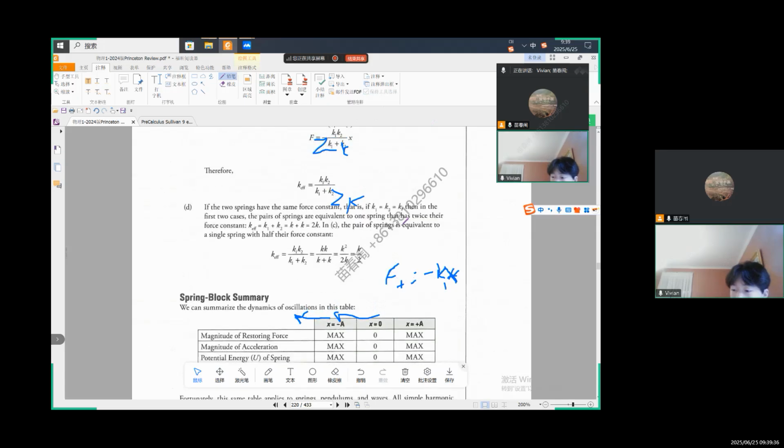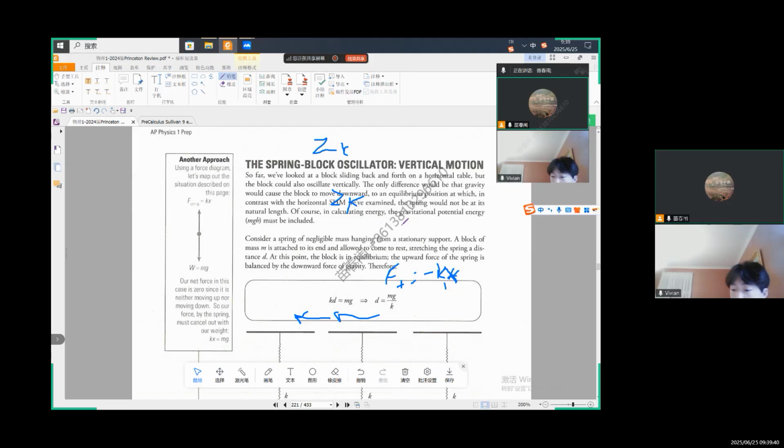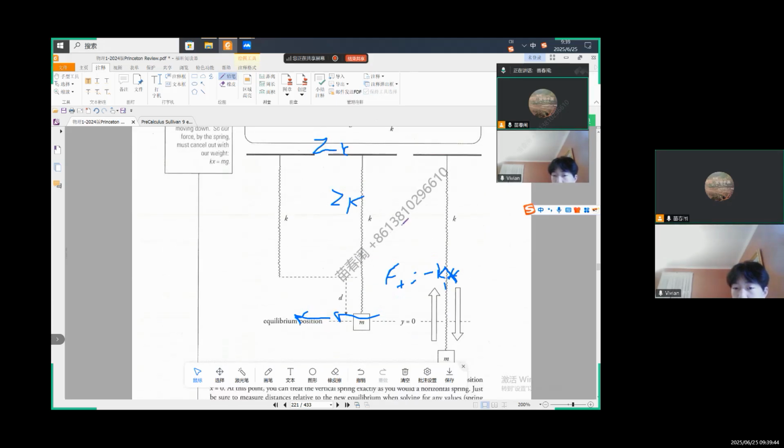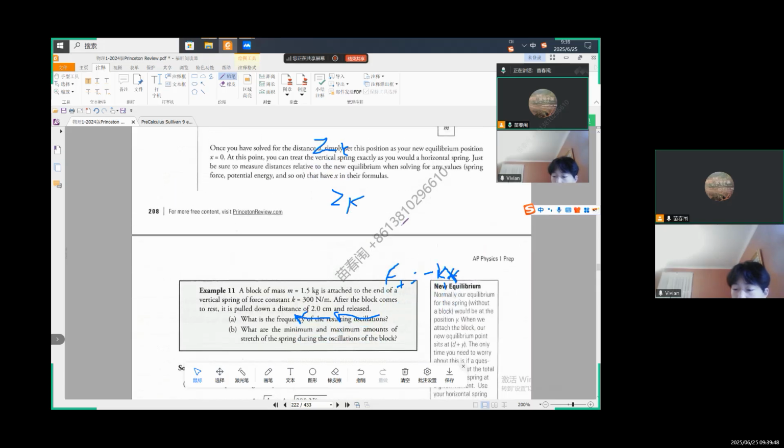Next one. Let's do 11 and then summarize. A mass is attached to the end of a vertical spring.